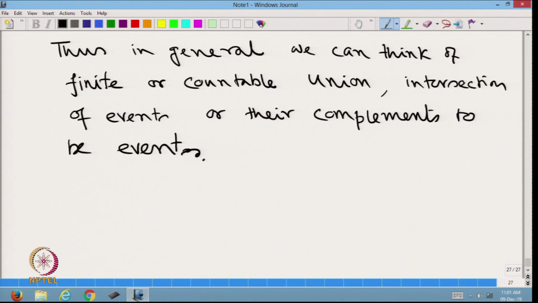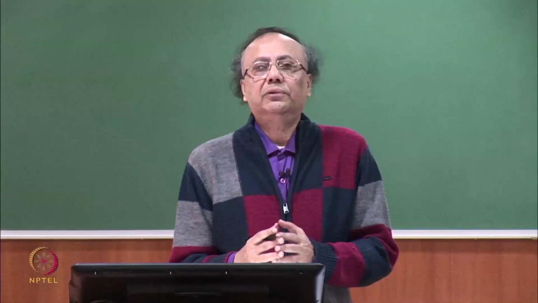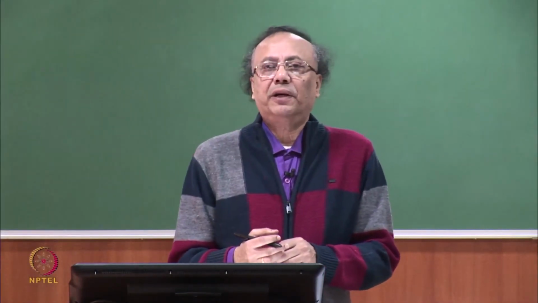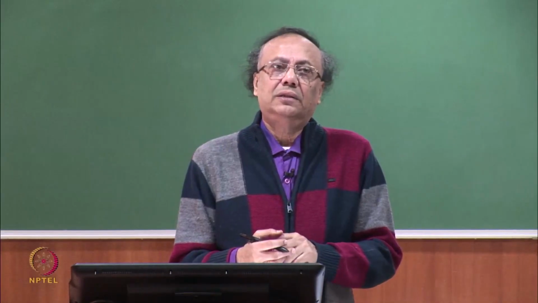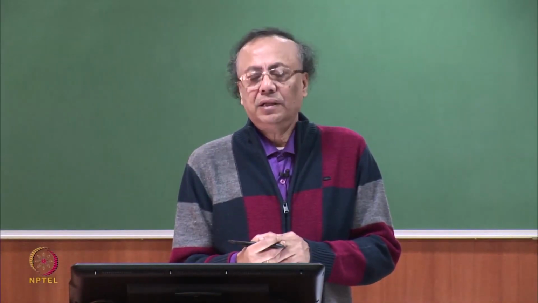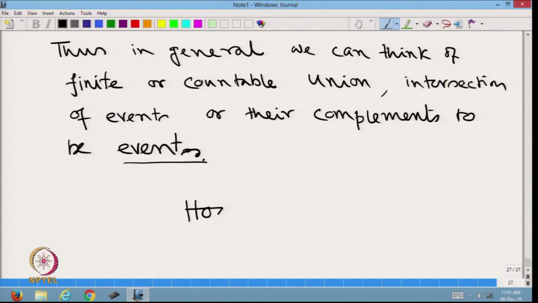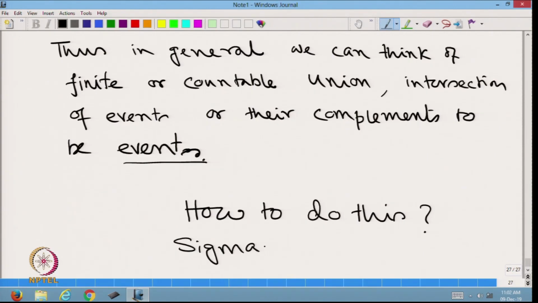And whenever we talk about events, we need to think about assigning probability to all possible events that we are looking at under the random experiment that we are pursuing for studying our probability. The question is how to do this? The basic mathematical trick is that of a sigma field.